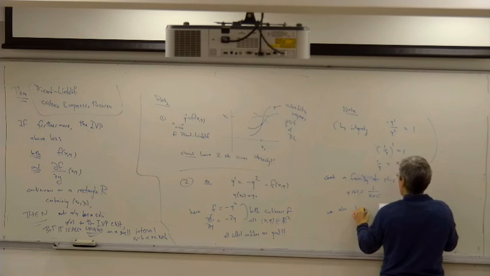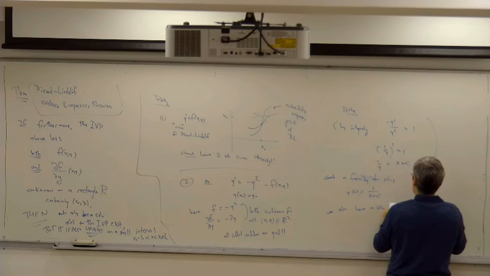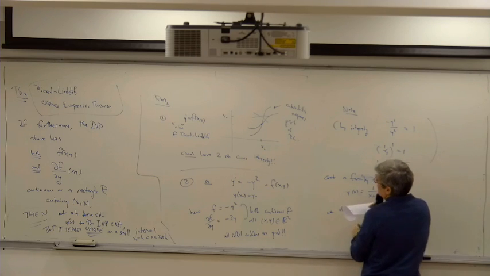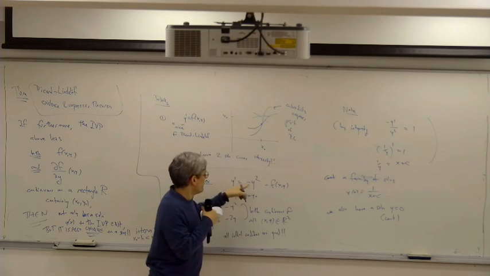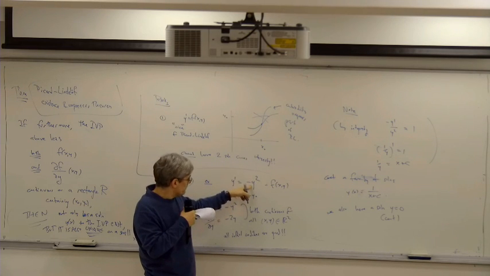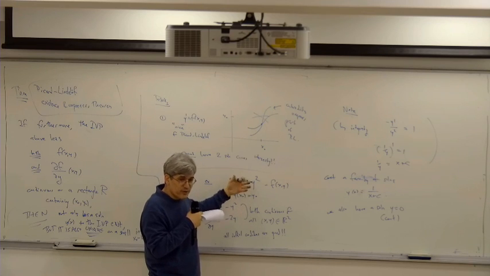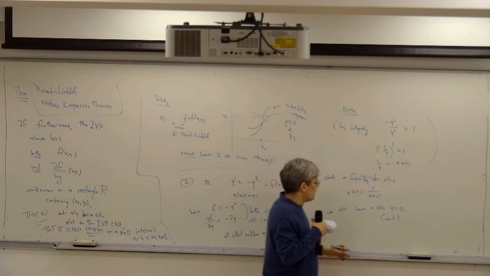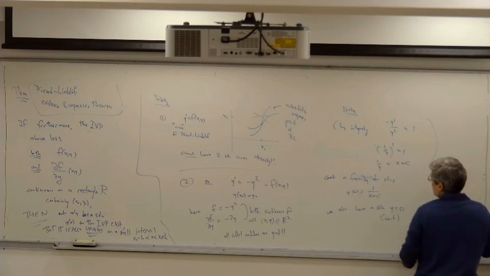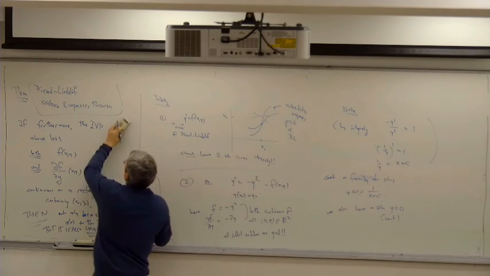We also have a solution y equals 0 constant, right? Because that pretty clearly gives me that when y is 0 constant, and y prime is minus y squared, which is 0 constant, that's compatible. Okay, so notice something interesting happens here.